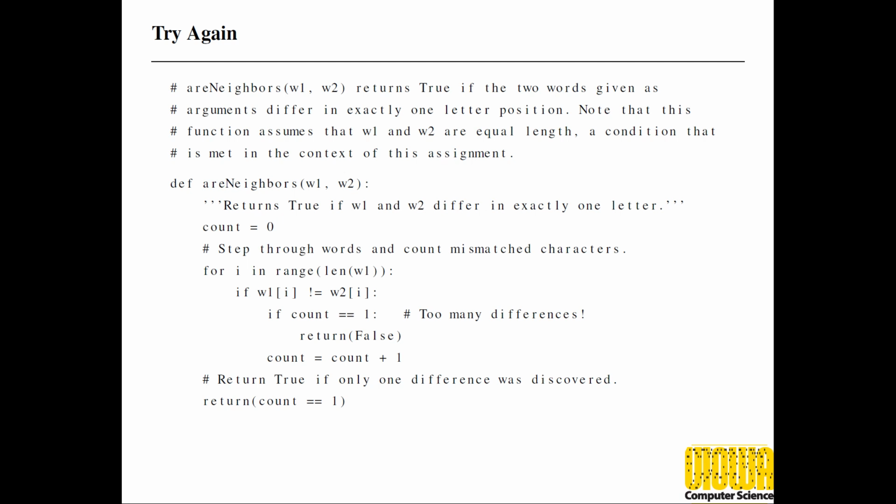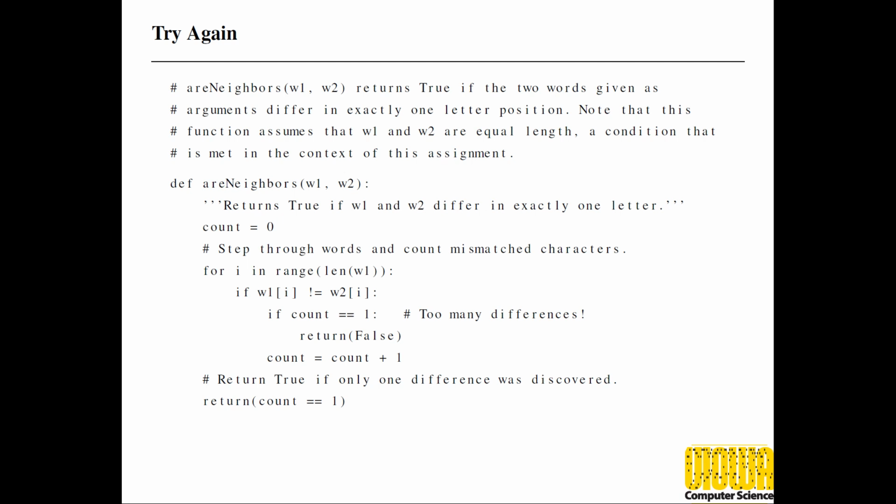Otherwise, if the count was not already 1, I'm going to increment it by 1 here. And at the end of the day, I'm going to return true if only 1 difference was discovered. Now, this structure can be further modified because you'll notice my counter really only has 2 values now. 0, meaning I haven't found a mismatch, and 1, meaning I have found a mismatch.